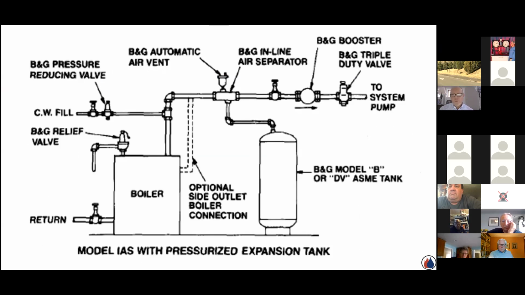What happened was over the years, as boilers got smaller, the manufacturers of these scoops, Thrush, B&G, Taco, etc., always said, look, for this to be effective, we need about 18 to 24 inches of straight run of pipe after this elbow before we enter into this air scoop, this air eliminator.